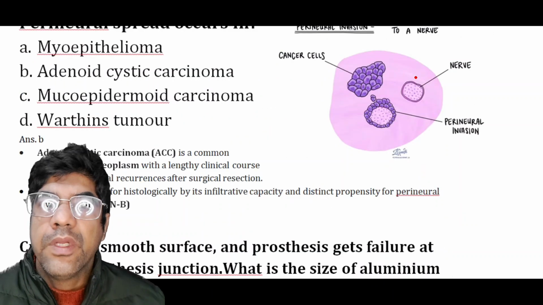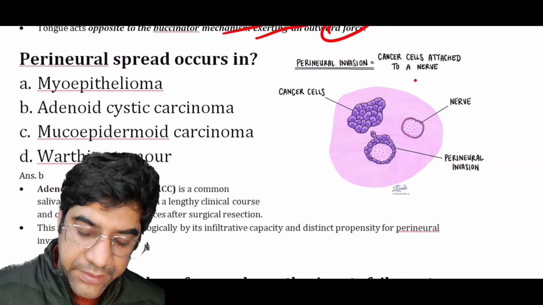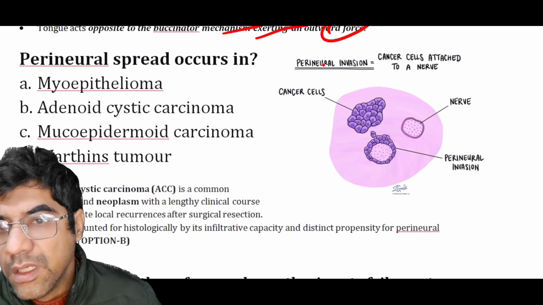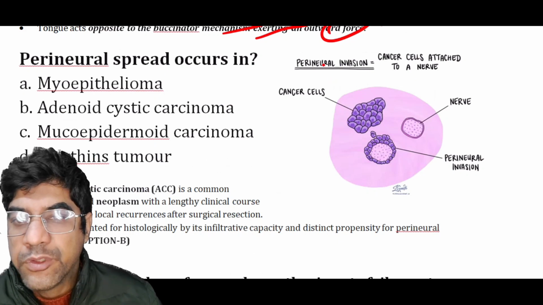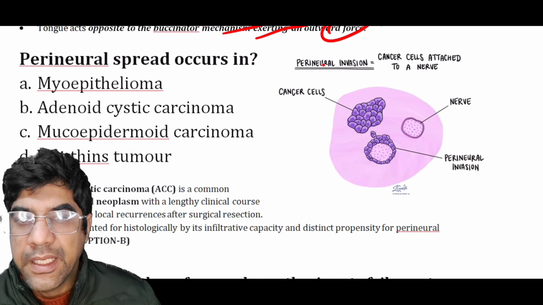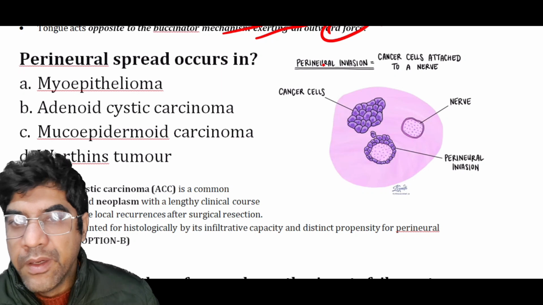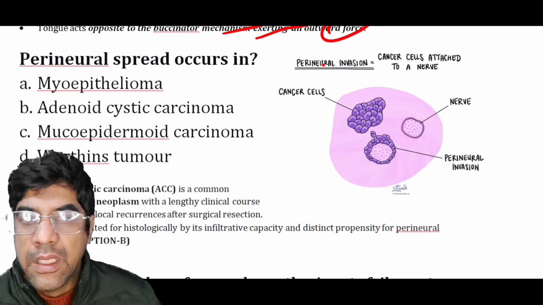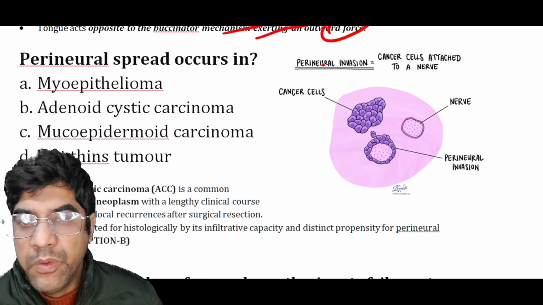The perineural spread occurs in the adenoid cystic carcinoma. The perineural spread refers to tumor cells that invade and spread along the nerves. So in the adenoid cystic carcinoma, there is this perineural invasion. It is a feature and it contributes.